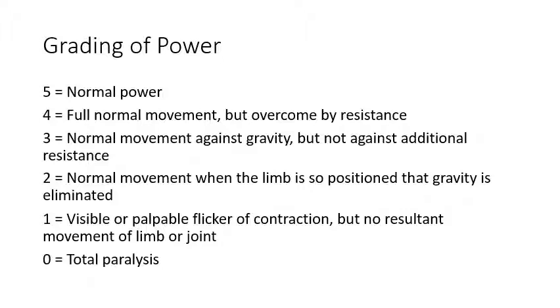So the patient can overcome gravity, but cannot overcome additional resistance. 2, normal movement when the effect of gravity is eliminated. 1 is visible or palpable flicker of contraction, but no resultant movement of the limb or the joint.